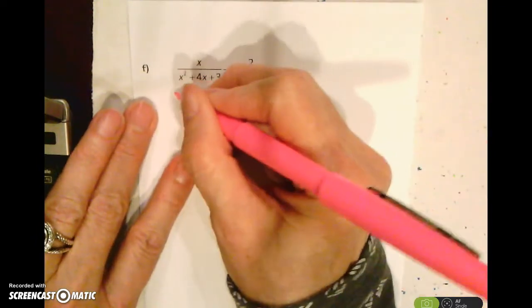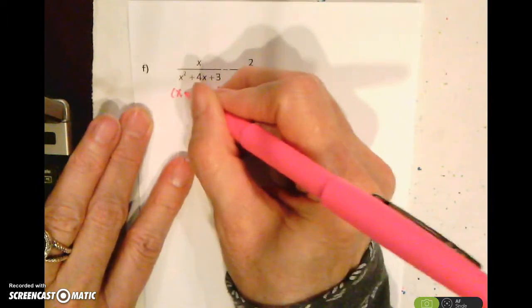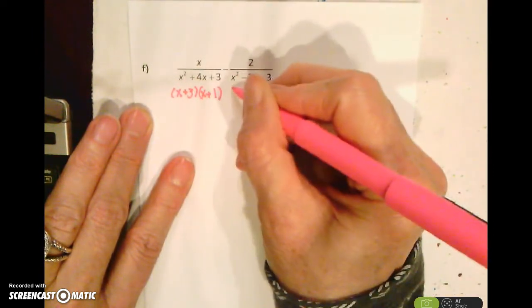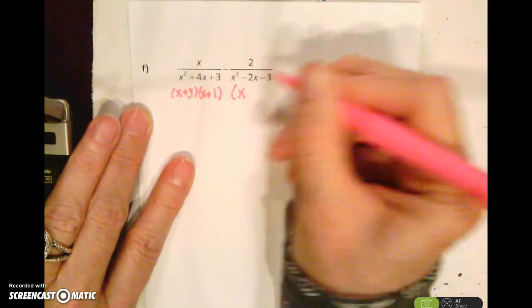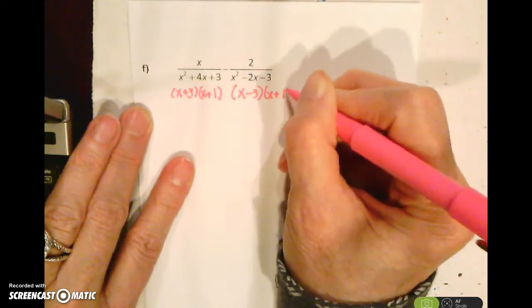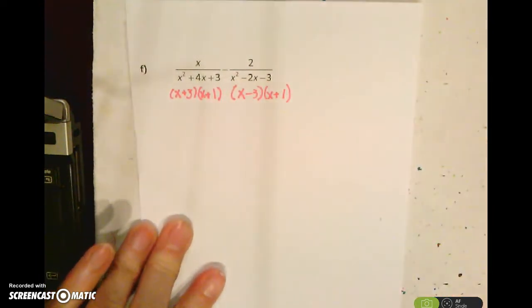So we'll need to factor both of these. This will factor with a 3 and a 1, so x plus 3 and x plus 1. And the second denominator will factor into an x minus 3 and an x plus 1. So it multiplies to be negative 3 and adds to be negative 2.